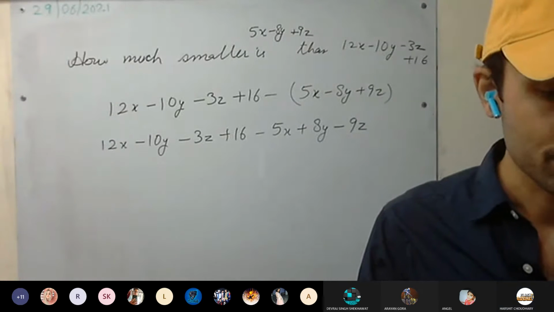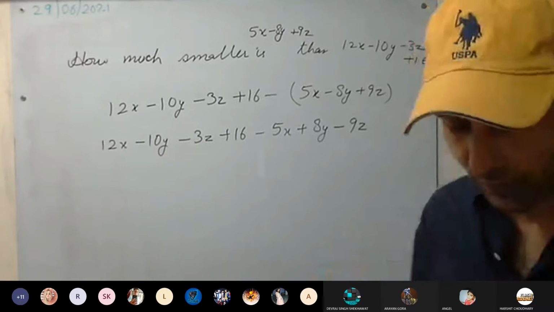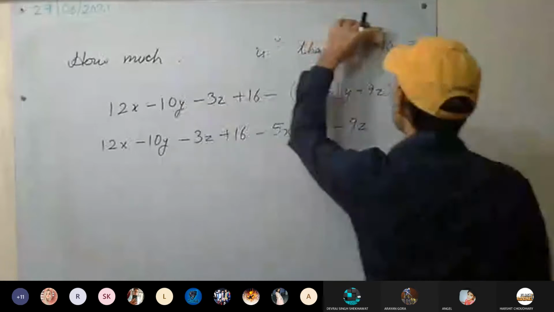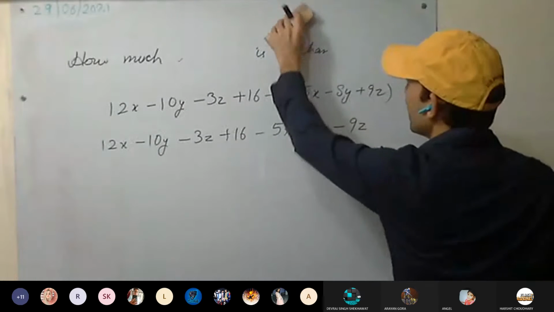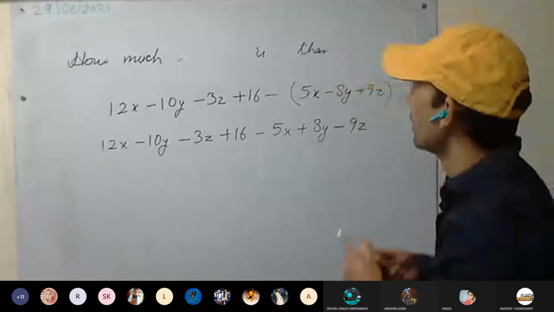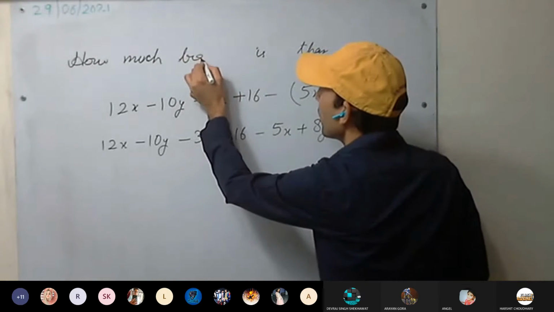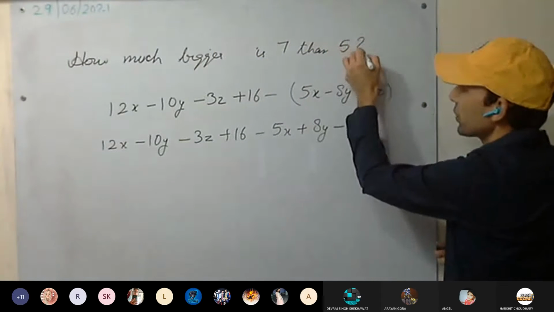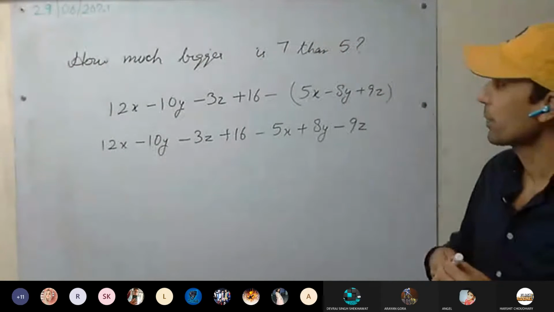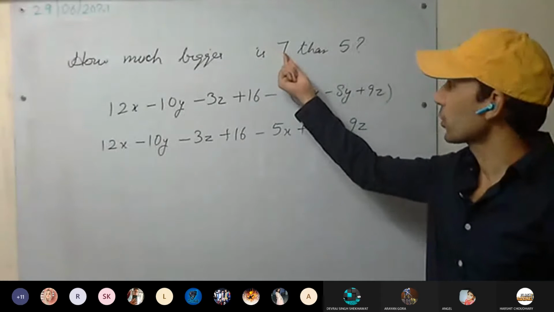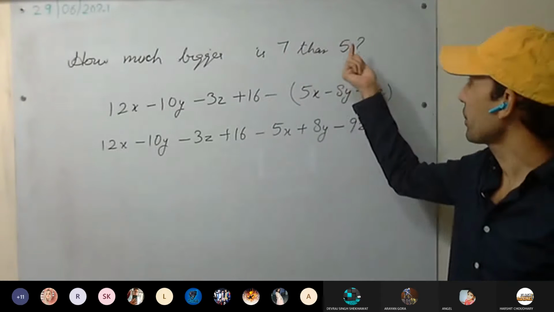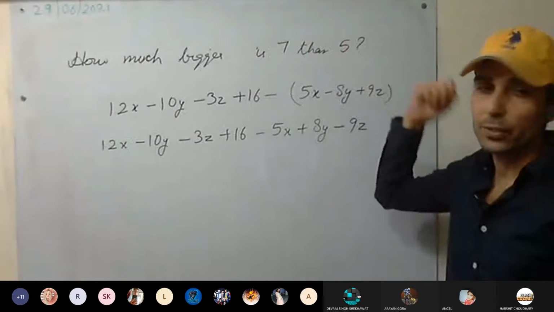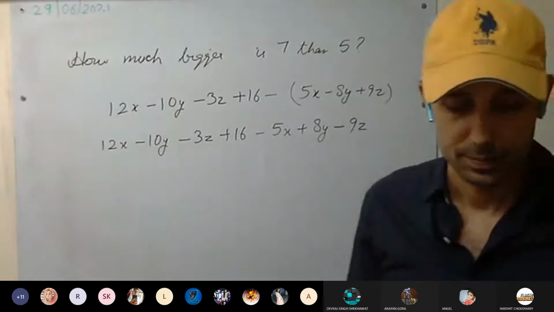Okay, try the 9th now. This time a little bit of difference is there. How much bigger is 7 than 5? So this time, how much bigger is 7 minus 5. From 7, we will subtract 5. How much bigger is this as compared to this?